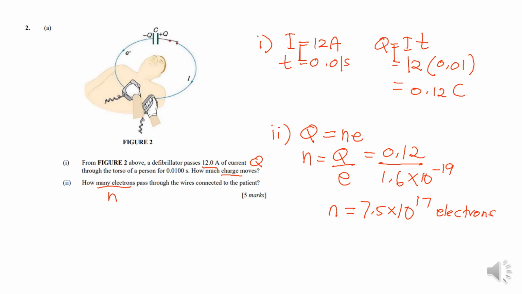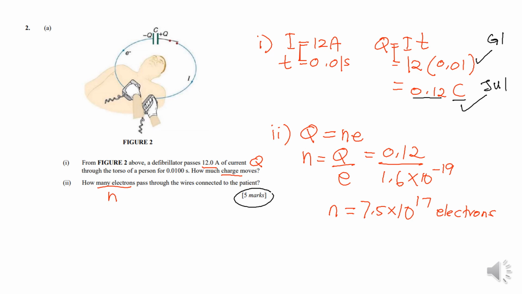So kita markah untuk soalan ni. Yang pertama adalah gantian, G1, jawapan dan unit yang betul JU1. So ada 5 marks.